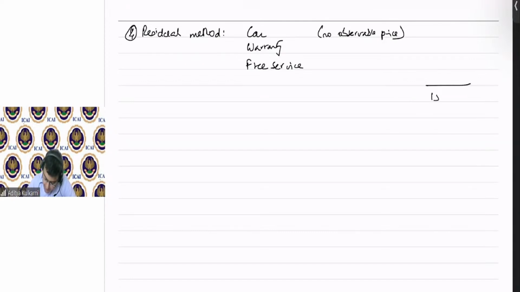Your total price was 15 lakhs. You go to your competitor and ask, what is the cost of free service? He will say 45,000. And what is the warranty cost? Sir, that will be 90,000.